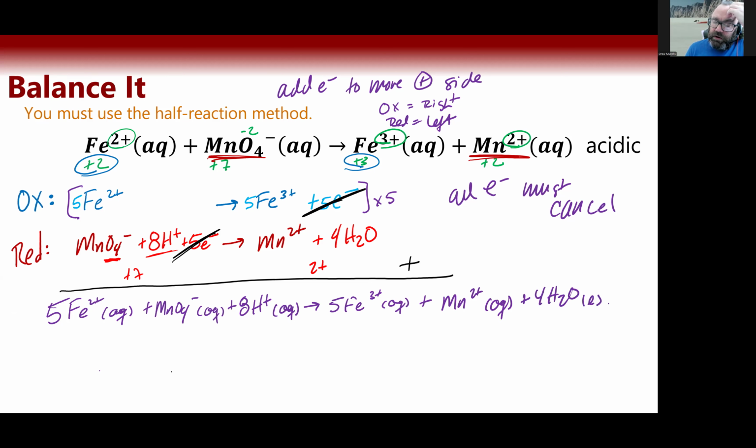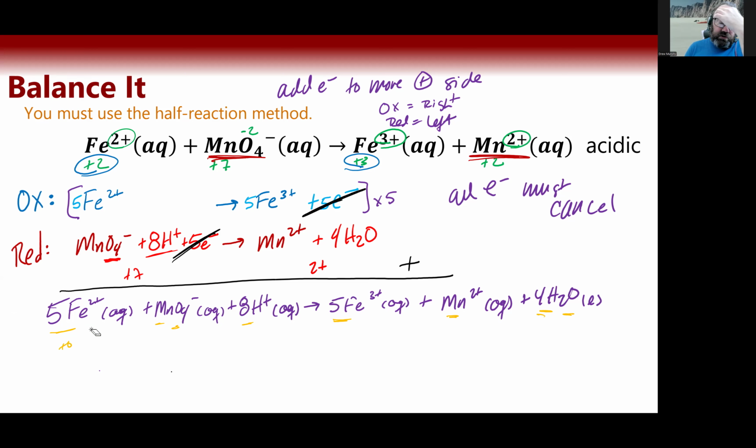Okay. All right. This is our final answer, and you can always double check to make sure everything's balanced as we go. 5 irons, 1 manganese, 4 oxygens, 4 oxygens, 8 hydrogens, 8 hydrogens. Atoms are balanced.